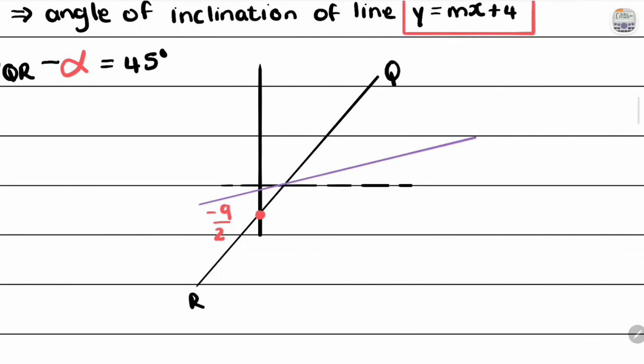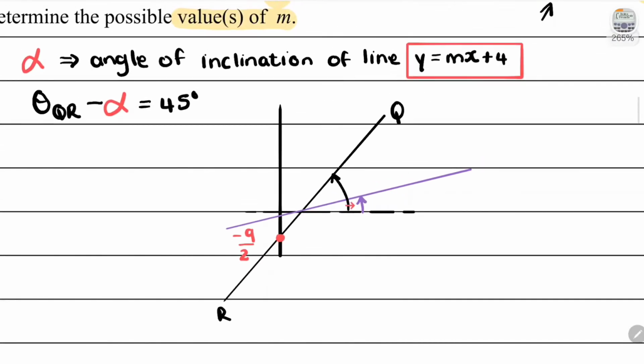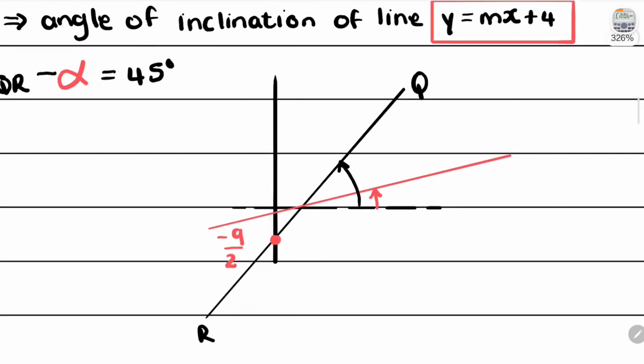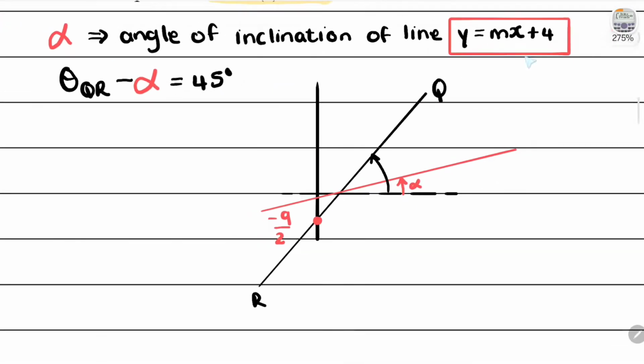When we find the angle of inclination of this line QR, we will take that entire angle and subtract the angle of inclination of this line. I might as well change that to red since that's what we're calling alpha. So this is the first situation we can consider: this angle minus alpha, like that. And that is the line y equals mx plus 4.